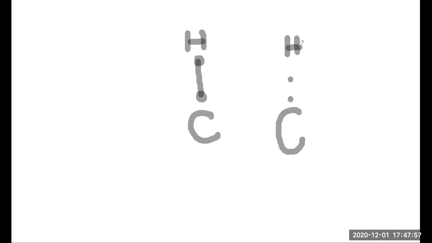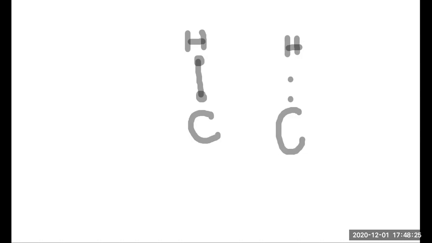I dislike that kind of method. I am an advocate of actually using the line. So for the purposes of doing homework over the next couple of weeks, try to stick to line equals bond, dots equal unbonded electrons, otherwise known as the lone pairs.